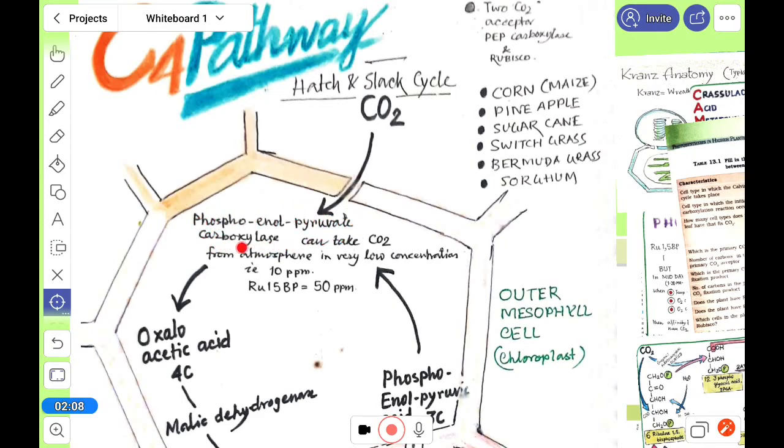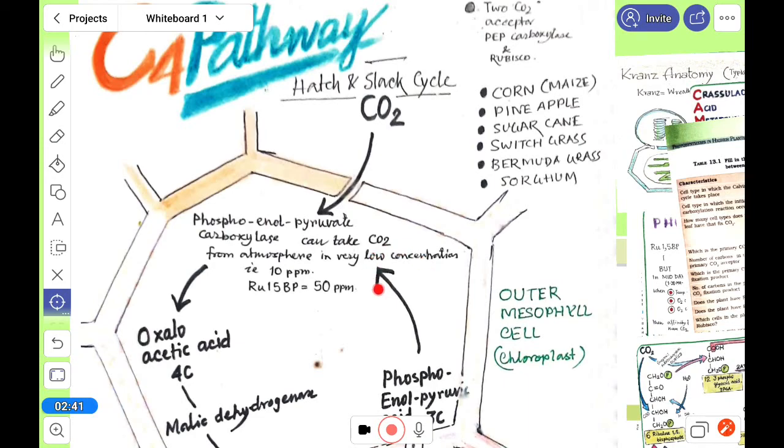Phosphoenol pyruvate carboxylase can take carbon dioxide at a very low concentration. Even if the carbon dioxide concentration is 10 ppm, it can still take it, but in the C3 cycle, ribulose 1,5-bisphosphate needs 50 ppm, otherwise it cannot take carbon dioxide. So it is much more efficient.